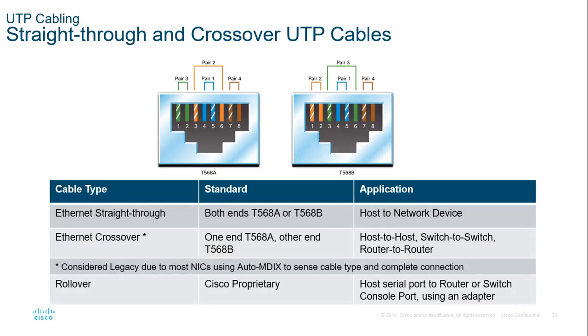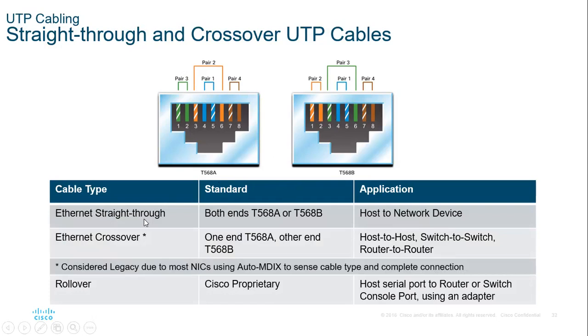So this is how the connection is made here. One color combination, green, 1 2 3 4 5 6 7 8, T568A and T568B. So this is the color combination, how we are going to put the colors together.